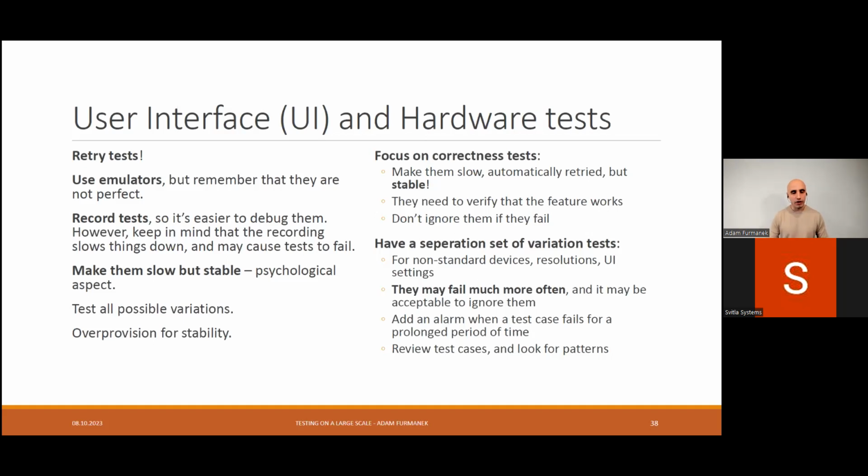So instead of having 100% green tests, just add some alarms for whether a particular test case fails for too many executions, right? If it fails 10 times in a row, that's probably a problem. If it failed 3 times and then succeeded, maybe it's not a big deal, and this can wait until we have some more time to work on these tests and see whether everything is in good shape.